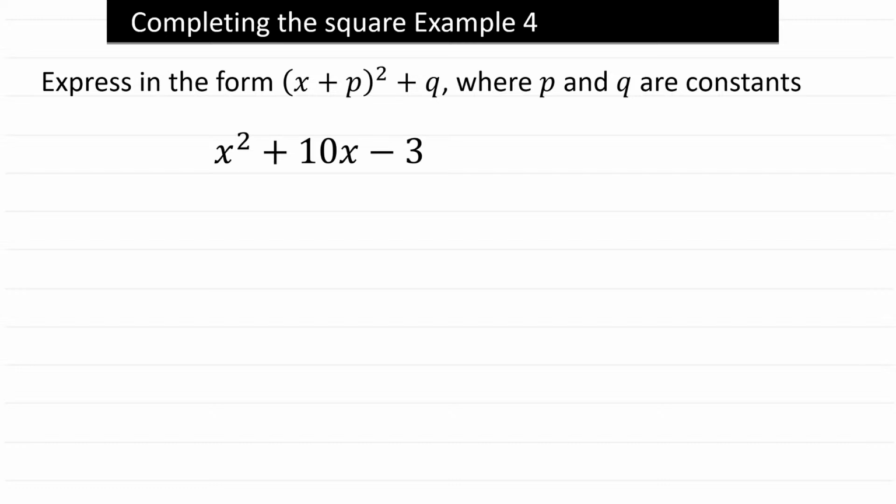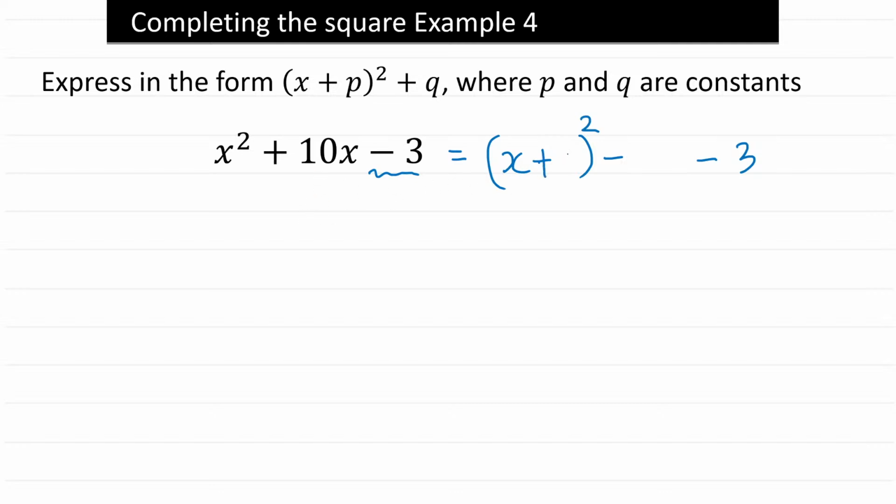Okay, so we need to complete the square here. So for the answer to this one, open your bracket, and then we have x, and I'll put minus there. Remember to square this, and then put your minus 3. So the constant, just separate that. Now what we have, we have a plus here, so we're going to put plus, and then we need to half the 10.